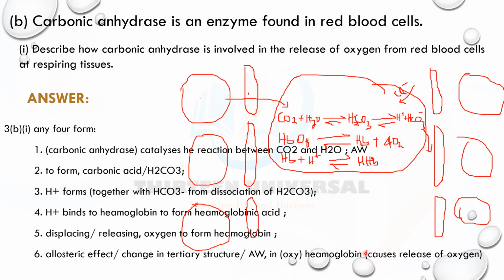Oxyhemoglobin maybe changes its shape, causes release of oxygen, and then binds to hydrogen ion. That's it, guys. So look at it, memorize this mark scheme and understand it and memorize it. Biology deals a lot with memory, and then connect it to the sequence. You answer the question based on the command word, right? The command word says we should describe as a sequence.